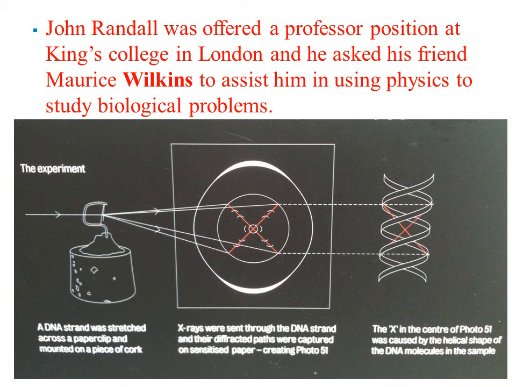And what is going to be obtained is an image. Then these scientists will deduce how many strands are in DNA, the spacing of DNA, and so on. So Wilkins was tasked to help use physics to understand the biological problems.